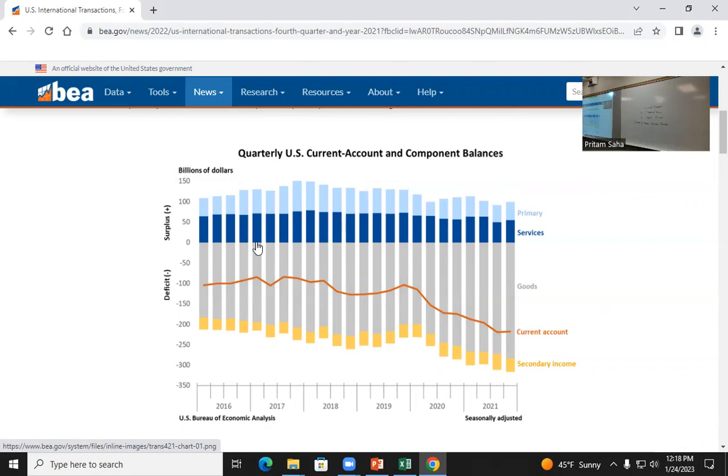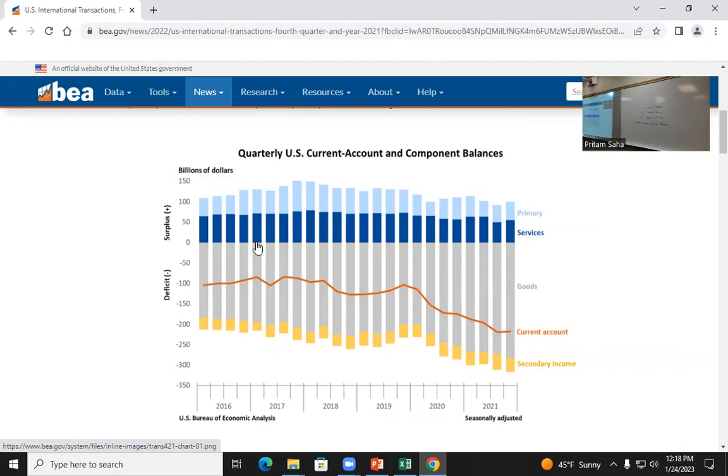What do you think of the services? Is it positive, negative? What does it mean? So it exports a lot more services than it imports, right?